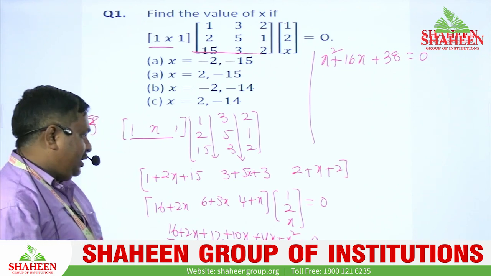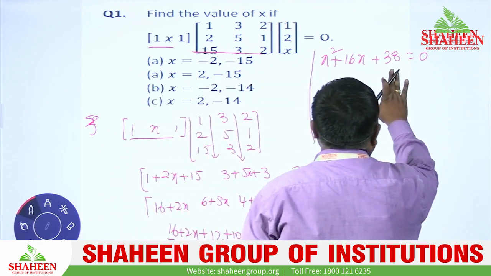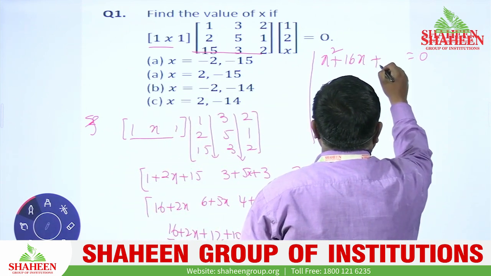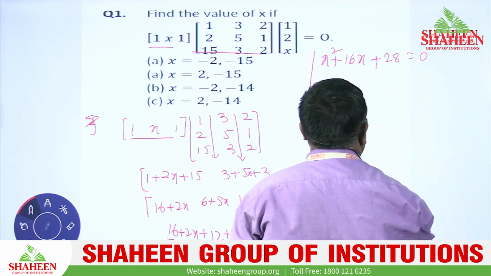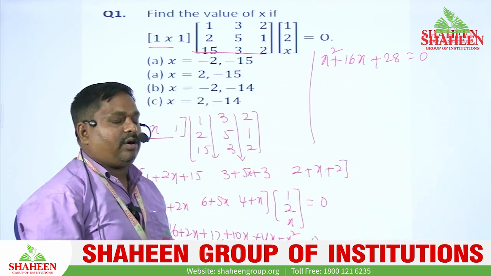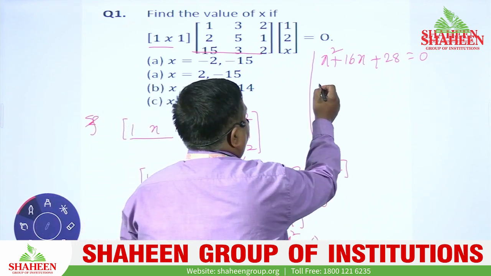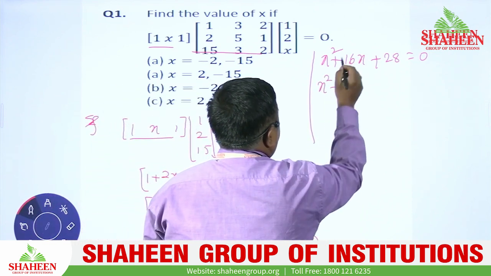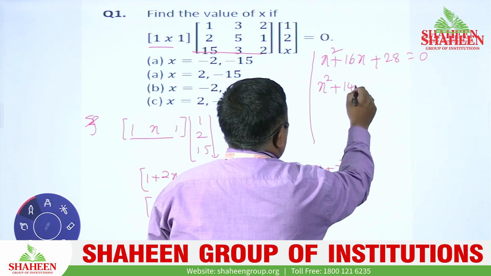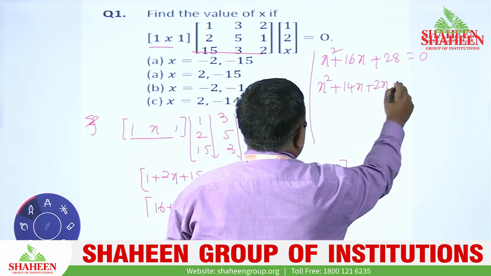No, 28. That is 28 equals 0. Now we are factorizing this quadratic equation by splitting the middle term. The middle term, the 16x, we are splitting as 14x plus 2x, plus 28 equals 0.